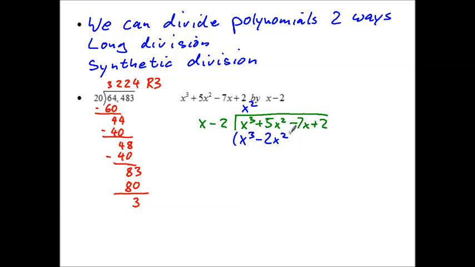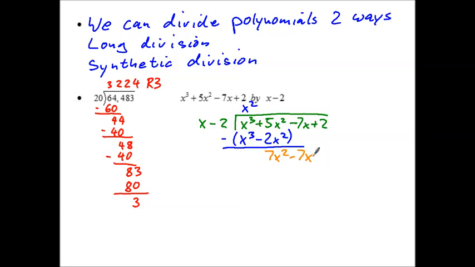And now this binomial has to be subtracted from our polynomial that we are dividing. X cubed minus x cubed is 0. 5x squared minus negative 2x squared is actually positive 7x squared. And now we're going to bring down the next term, negative 7x.